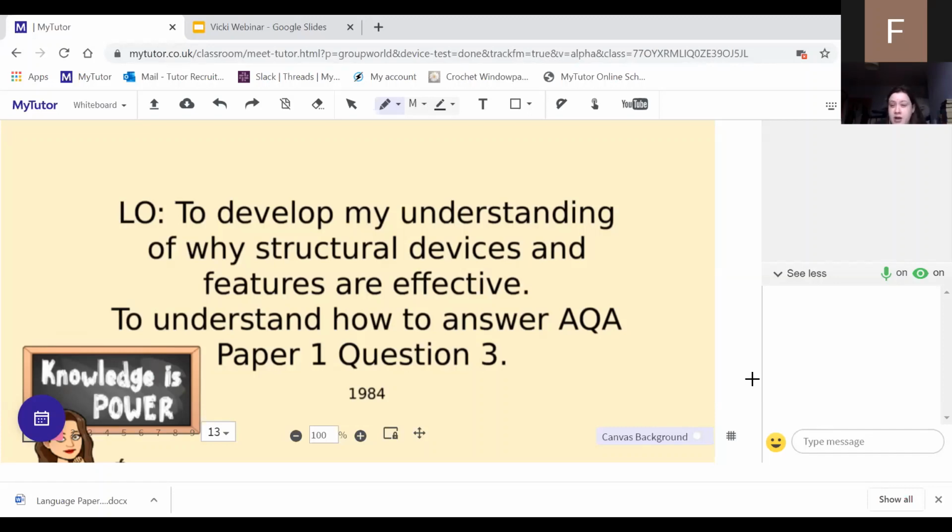So we are working through the AQA paper effectively, but there will be bits and pieces which you can definitely take away. So if you're doing OCR, Eduqas, Edexcel, I can't think of any others, then you will still be able to take things away from it, so don't worry about it not being useful.